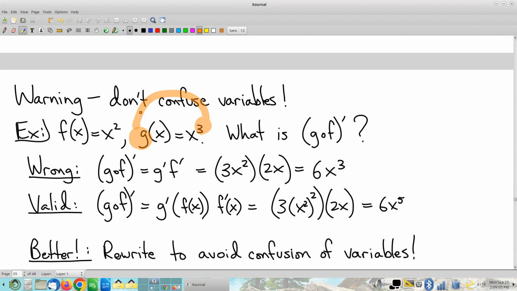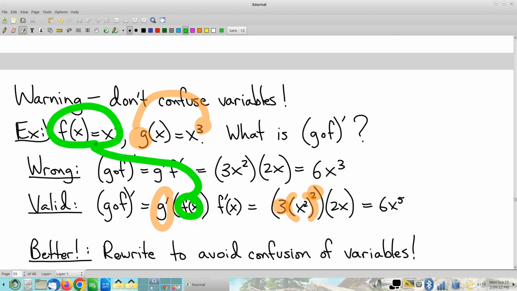The derivative of the cubing function is 3 times the squaring function, you might say. And if I'm supposed to, as the formula says, plug in f of x into that, f of x, of course, is x squared. You see, I should have put an x squared in there, not just an x. Right? Flashbacks to high school calculus. Okay. And that gets me the right answer, and that's nice.